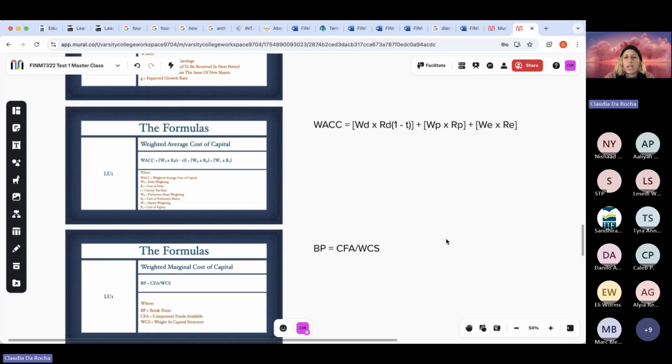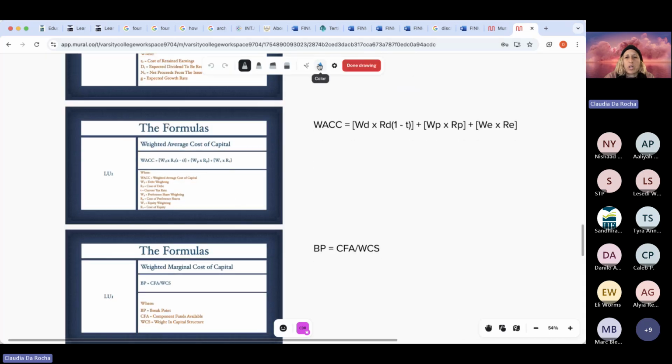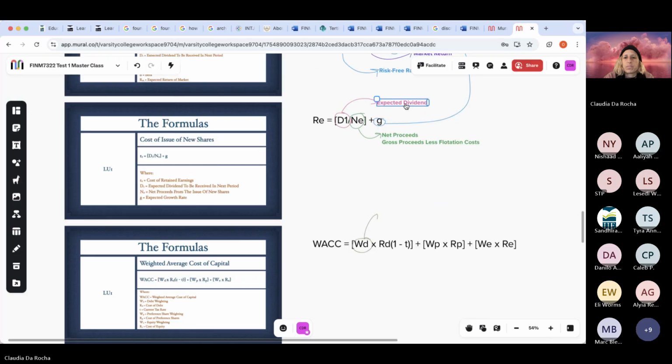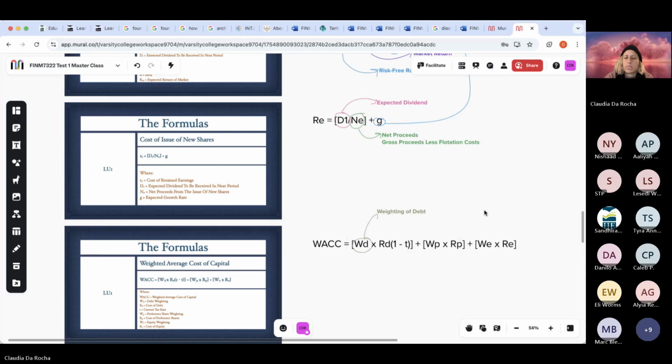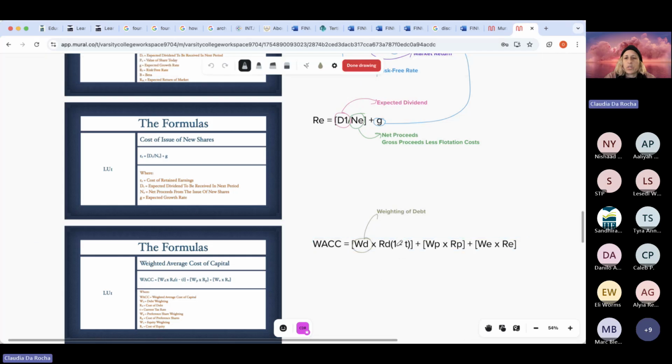Right, then we have the WACC formula. So we should know all of these component parts because it's not anything new or different. Okay, so weighting of debt, weighting of your return on debt.